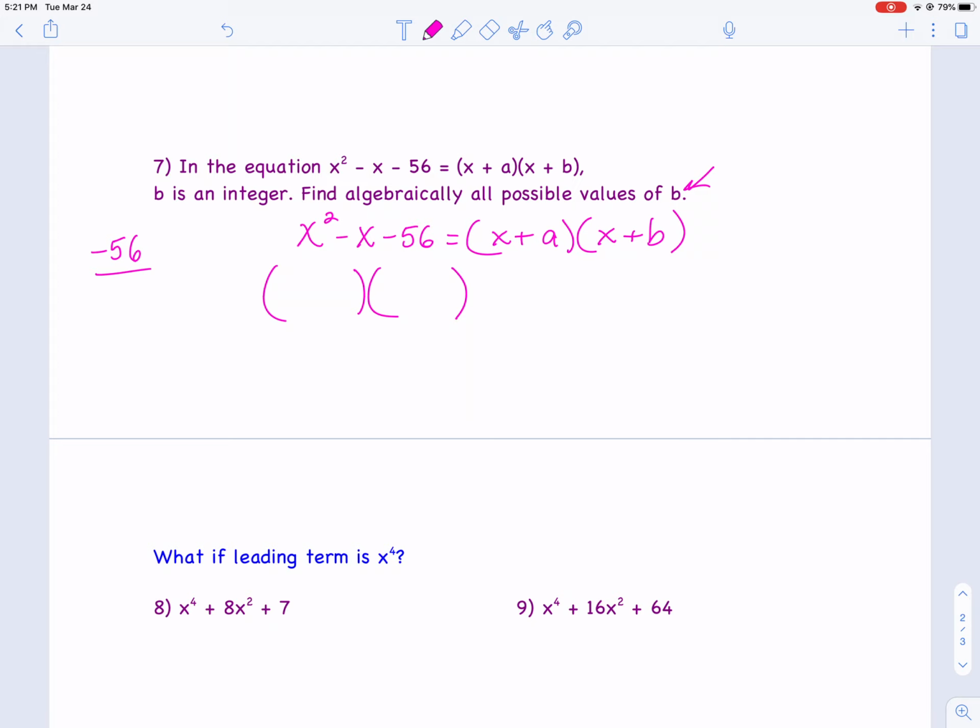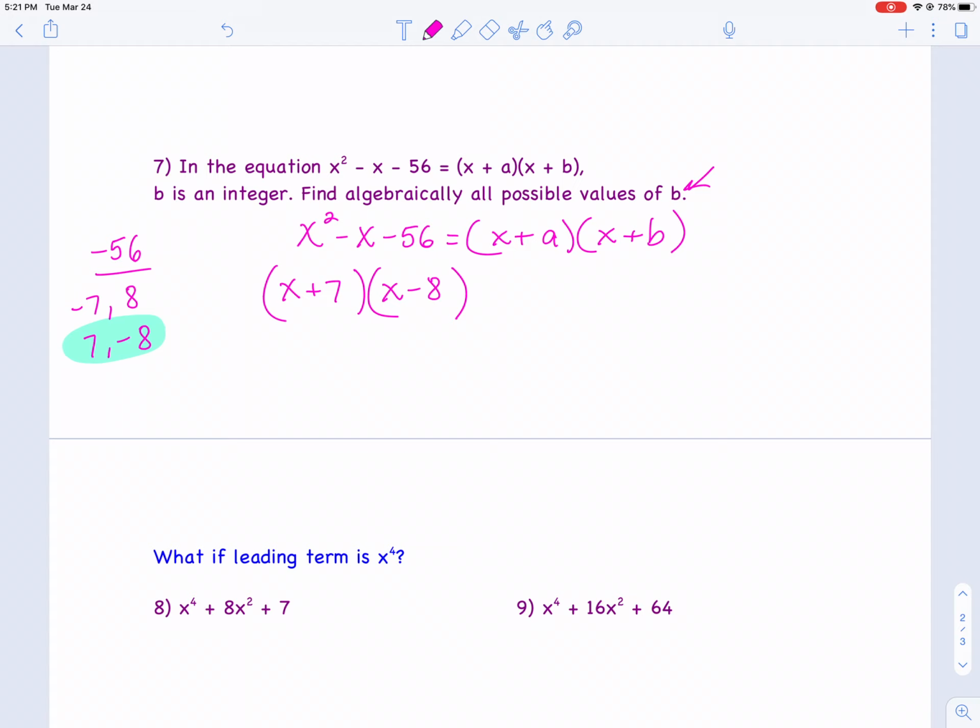So what two consecutive numbers multiply to 56? And that would be 7 and 8, negative 7 and 8, or 7 and negative 8. Which pair would add to negative 1? You need your bigger number to be negative, so I would need an x plus 7 and an x minus 8.